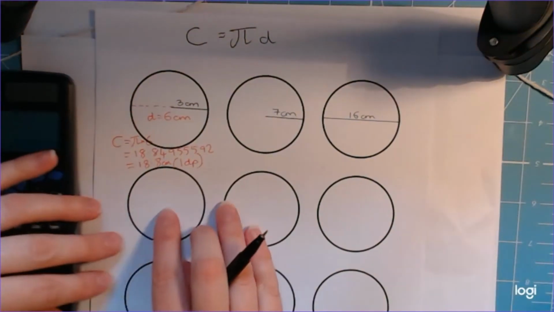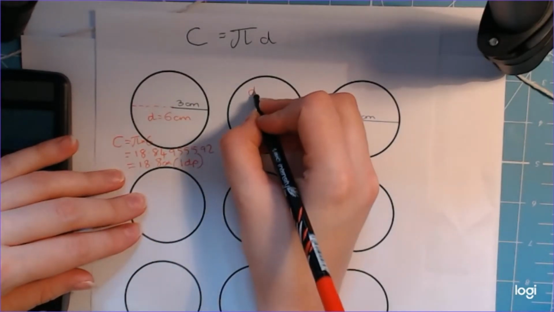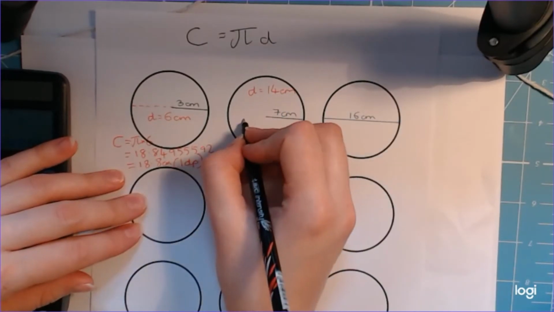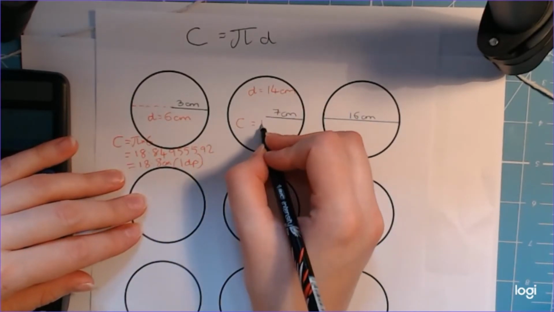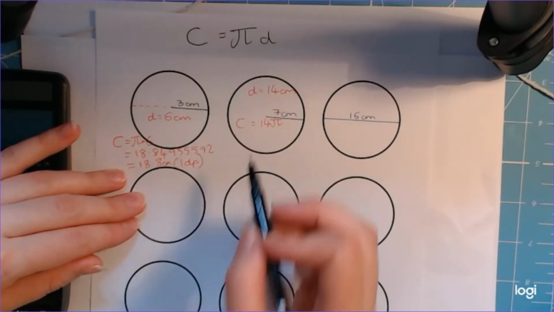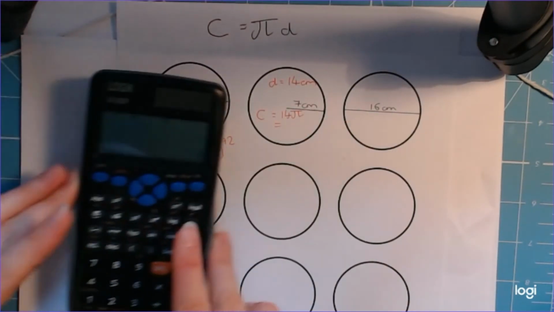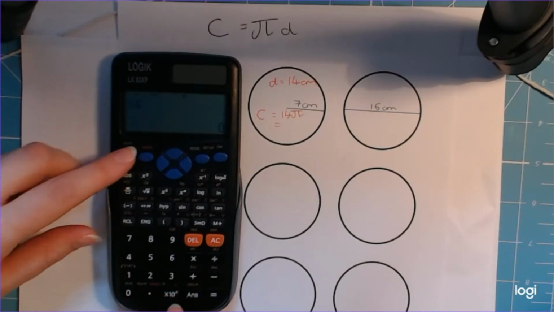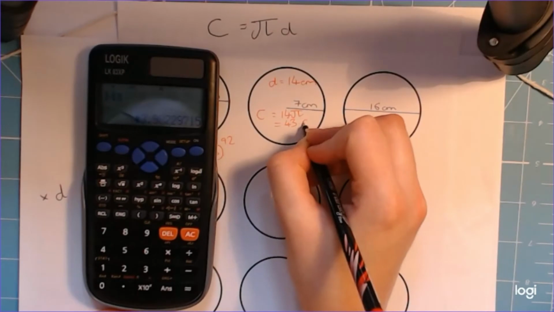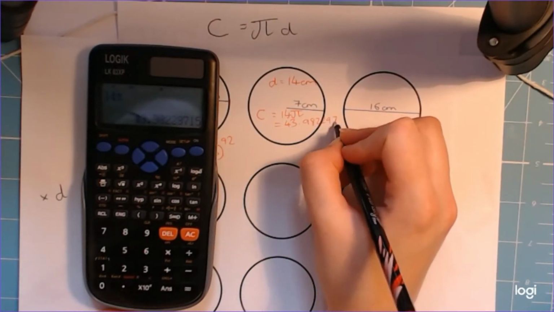Okay then, for this one here we can do the same thing. If the radius is 7 centimetres, that means the diameter must be double that, it's 14 centimetres. And so circumference equals 14 multiplied by pi. I've just written them the other way around, which gives us, back to my calculator, 14 multiplied by pi, which gives us 43.98229715.